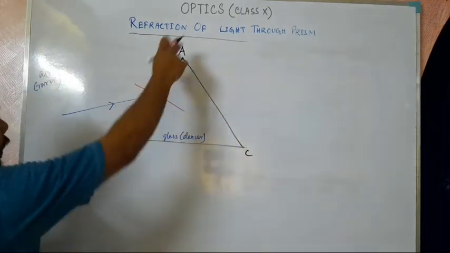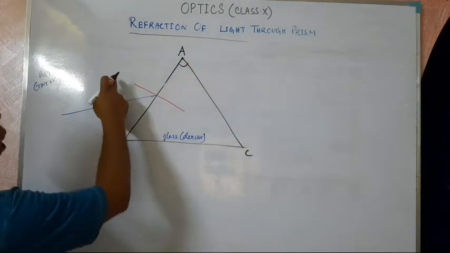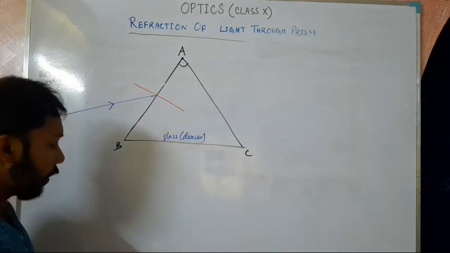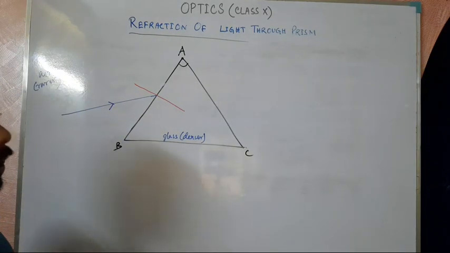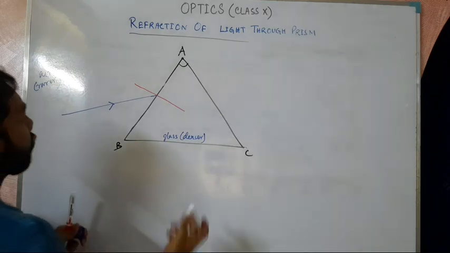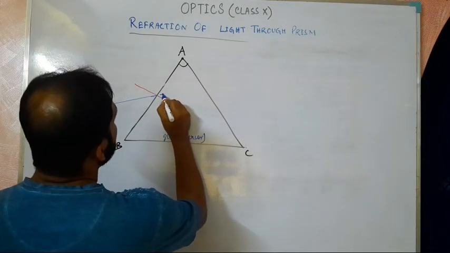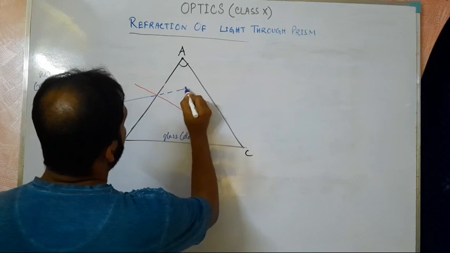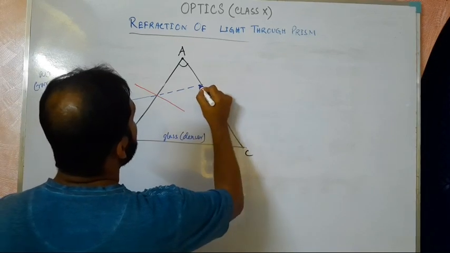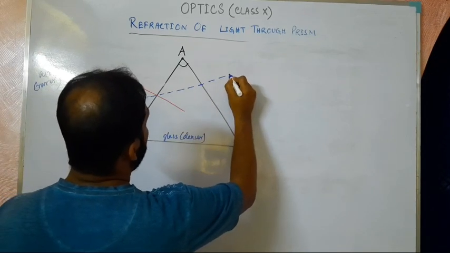So AB represents the refractive surface, and this red line represents the normal upon that surface. So the light should travel in this direction if the prism were absent.